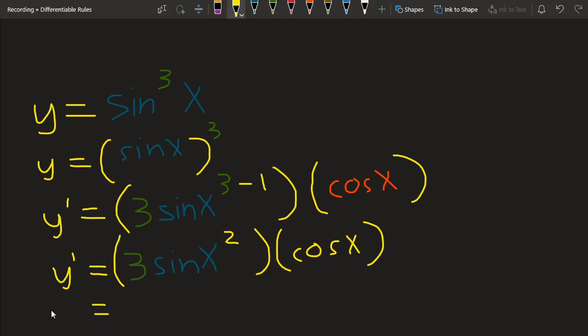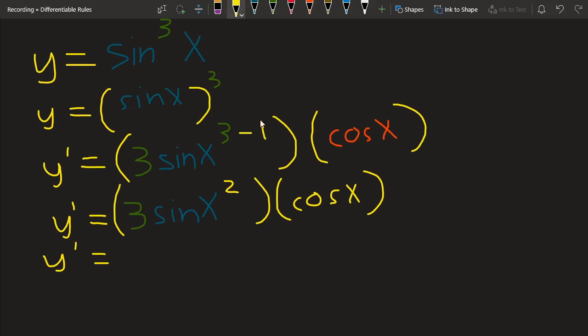We can take this a step further and rewrite the whole thing as 3 cosine of x times sine x squared.